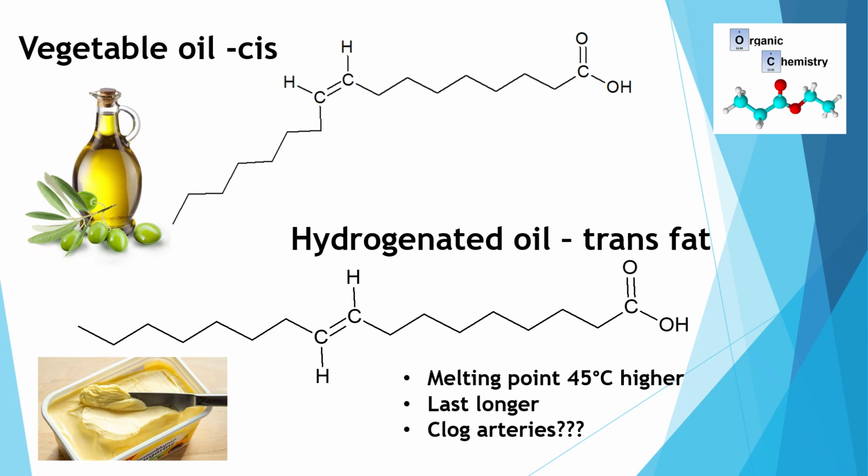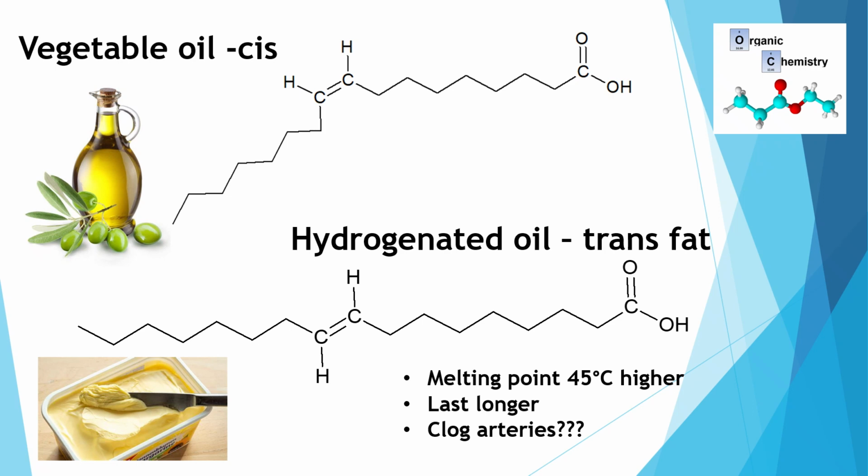Now, often what will happen is the oils, to make them into a solid type spread, we carry out a process called hydrogenation. Now, the problem with hydrogenation is that when we do this heating process and we add hydrogens to it, some of the molecules have their cis orientation changed to a trans orientation.